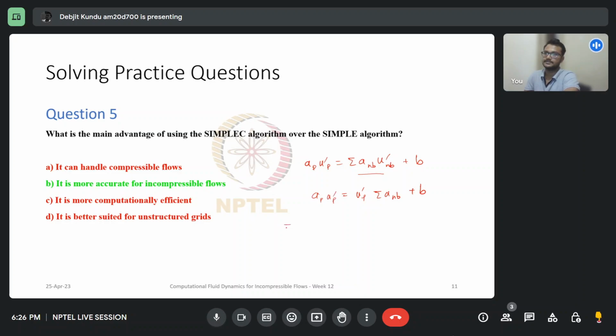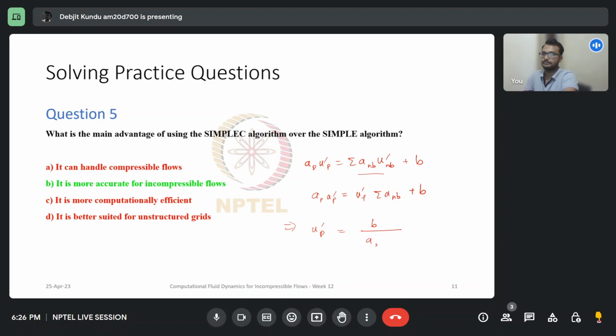The left hand side remains the same. Now we do a little bit of mathematical manipulation and set this equal to B divided by, so I'll take this term on the left hand side, then divide by that.